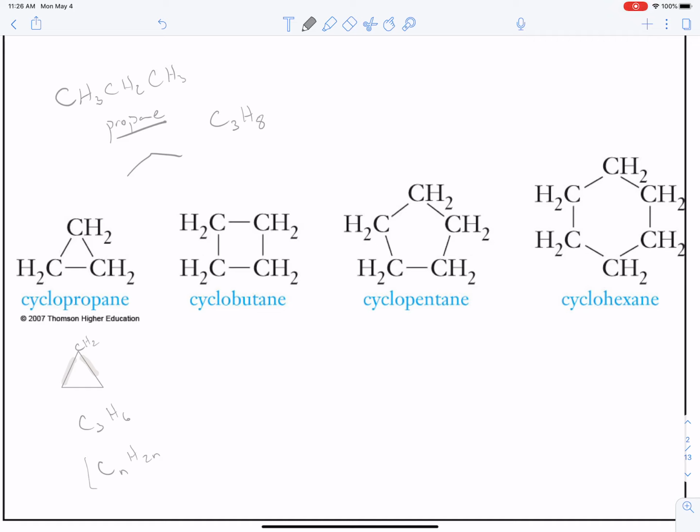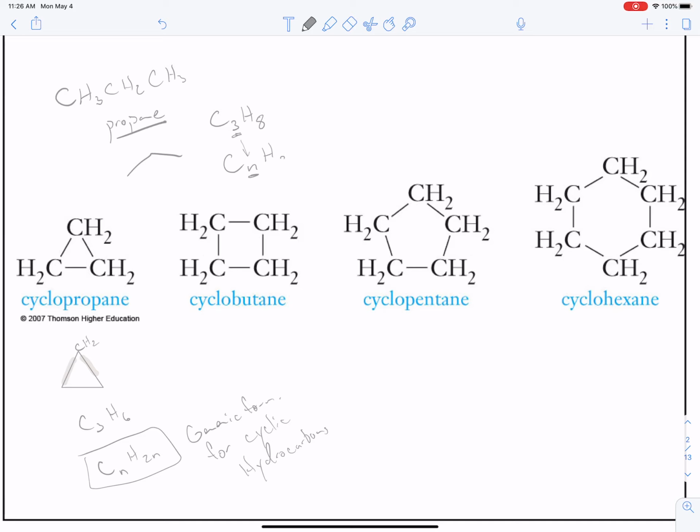So this becomes a generic molecular formula for cyclic hydrocarbons. What's the difference between the formula for cyclopropane and the formula for just propane? Not a whole lot. If we keep the same standard, we call it CN, so this is n number, like this 3. These things are sama-sama, which is Indonesian for same.